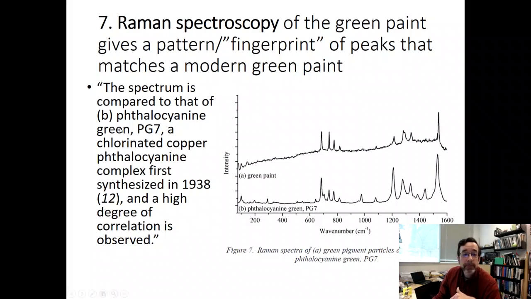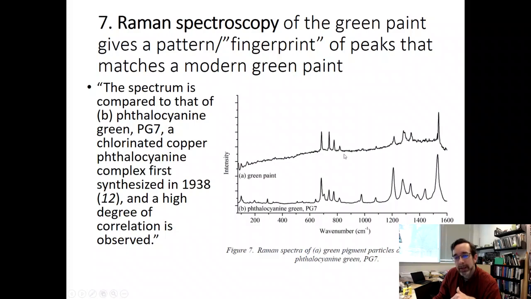So this is the interesting thing about PG7, this green paint, a chlorinated copper phthalocyanine complex first synthesized in 1938. It was a green paint that was not available in 1866. A high degree of correlation is observed.